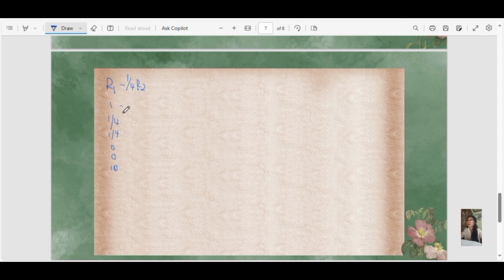Minus sign, and by 1/4, then R2. Sorry for the mistakes.